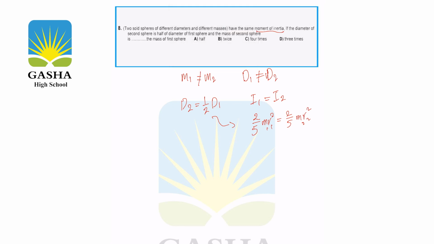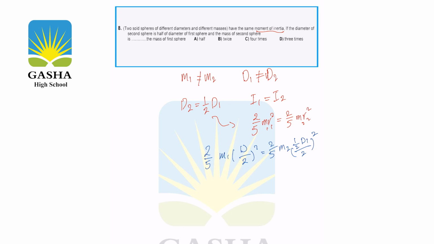So let's substitute the value. Here we have 2 over 5 m1, and that's d over 2 squared, and here we have 2 over 5 m2, 1 over 2 d1, and that's all divided by 2 because we convert it into radius.